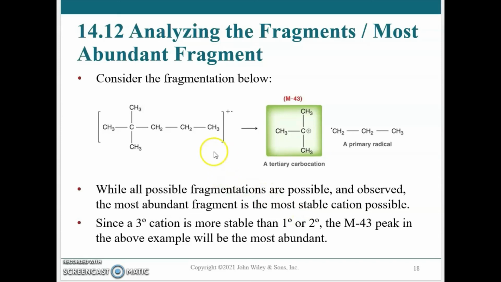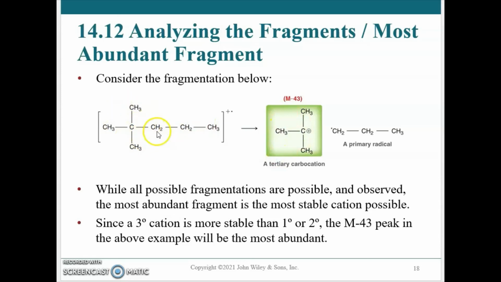So looking at the fragmentation, all the fragments are possible, and most are observed, but there's still a preference for the most stable fragment, and a fragment that produces a tertiary carbocation is going to be the most stable fragment in this case.